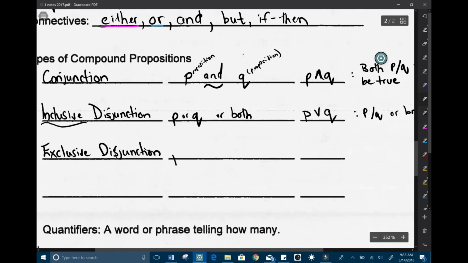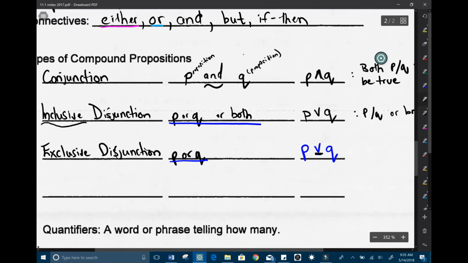Exclusive disjunction, which is also P or Q, not both. Okay, so I will be very specific in stating whether it's or both or just regular. And the difference between this is you have P or Q. So it looks very similar.